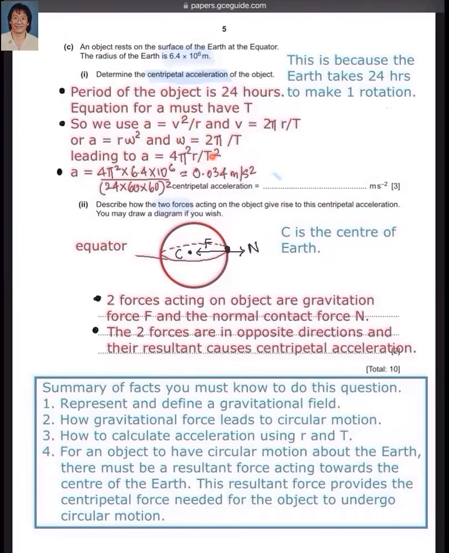And then you substitute the values of r and T into the equation for a. You'll get 0.034 meter per second squared. So that is the centripetal acceleration.